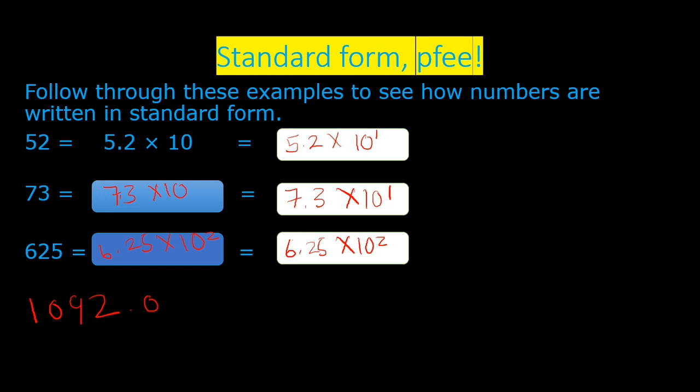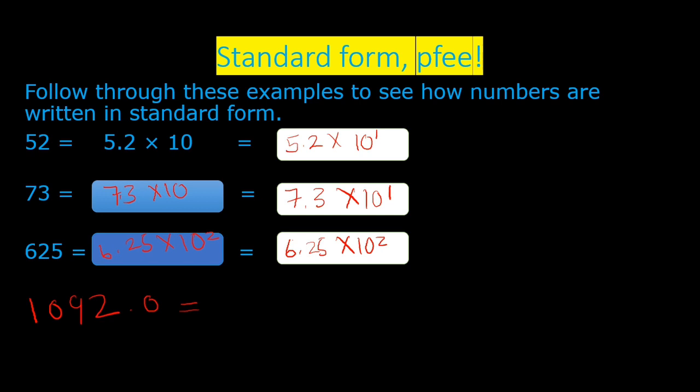So in order to convert a number to standard form easily, you can also use this method. Move the decimal point a number of places either to the right or to the left until you get a number from 1 up to less than 10, and then you multiply by the number of places which you moved the decimal point.